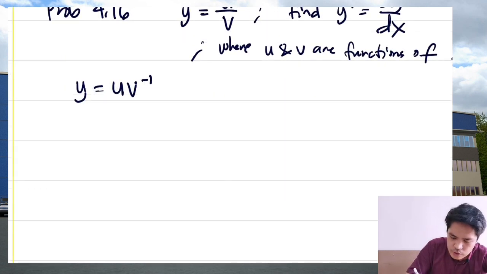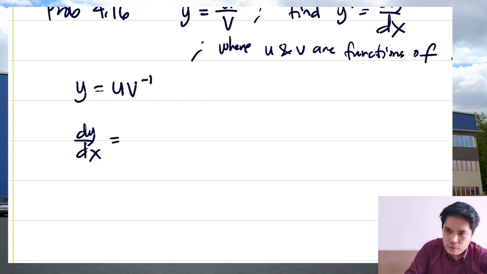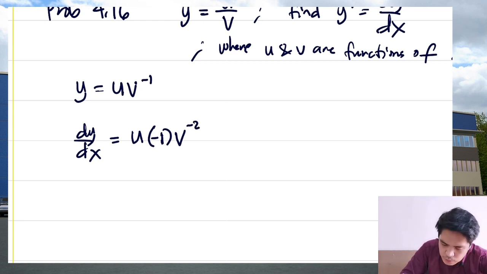So by product rule, we have dy over dx, or y prime, that is equal to copy the first function, which is u, times the derivative of the second function, which is v raised to negative 1. So the derivative of that is negative 1 times v raised to negative 1 minus 1, that's negative 2, times the derivative of the baby, that's dv over dx.